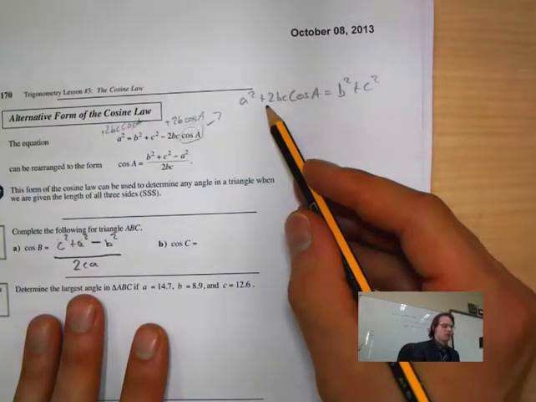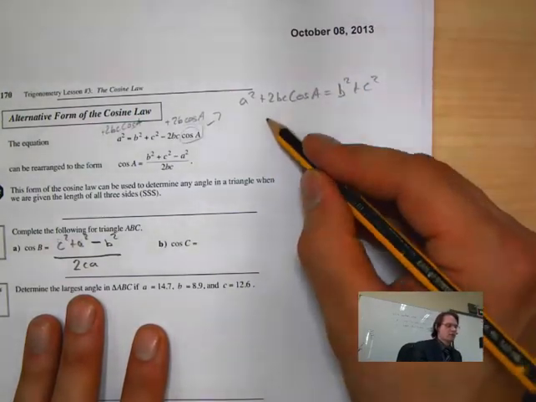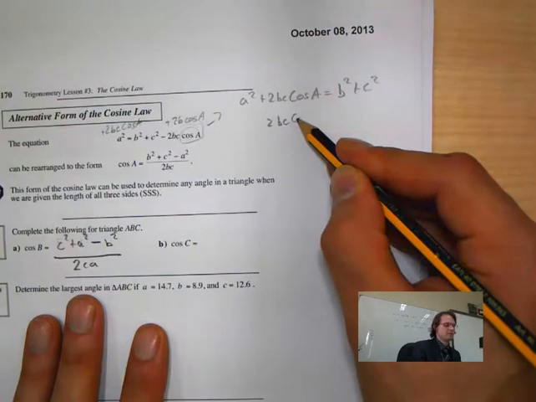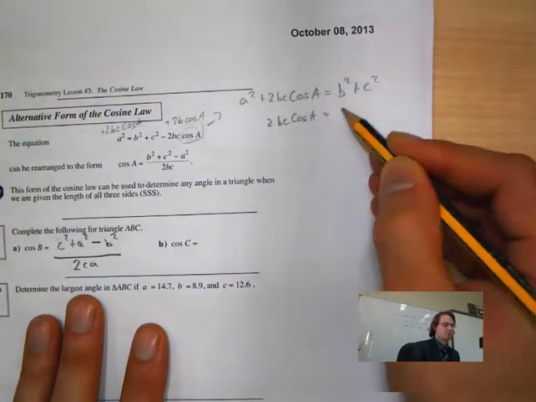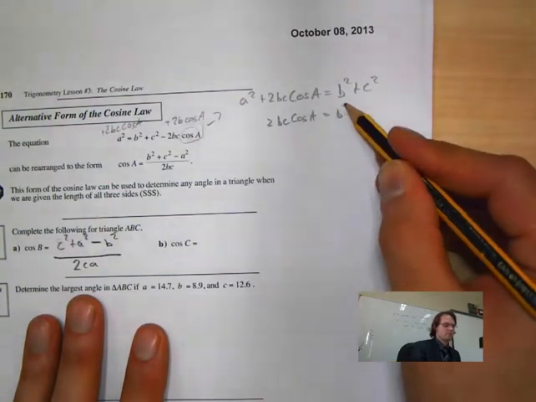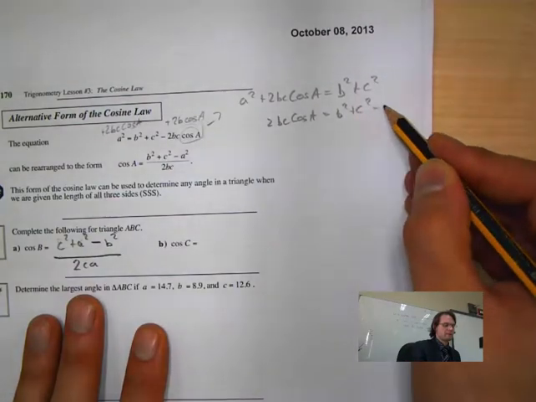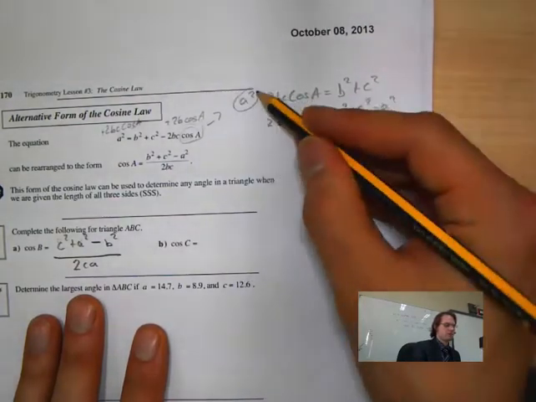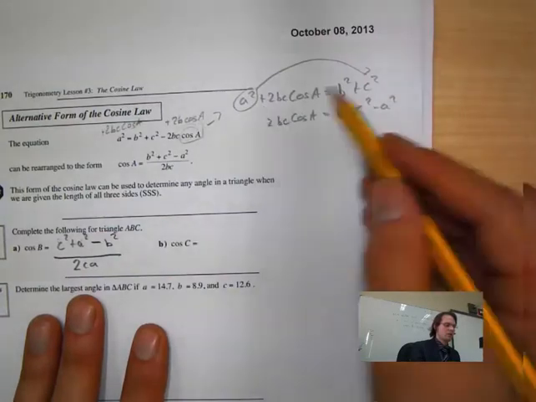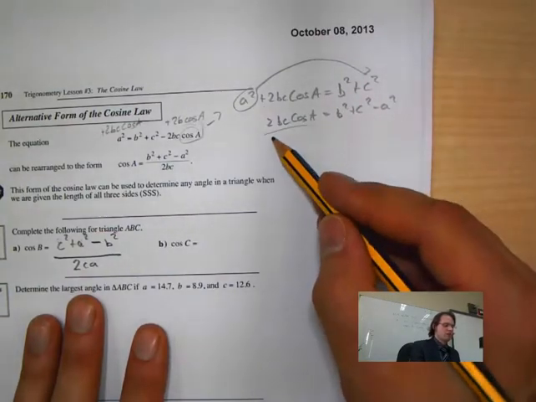Now what we want to do is put a squared on that side, so this goes there. Then we divide everything by 2bc.